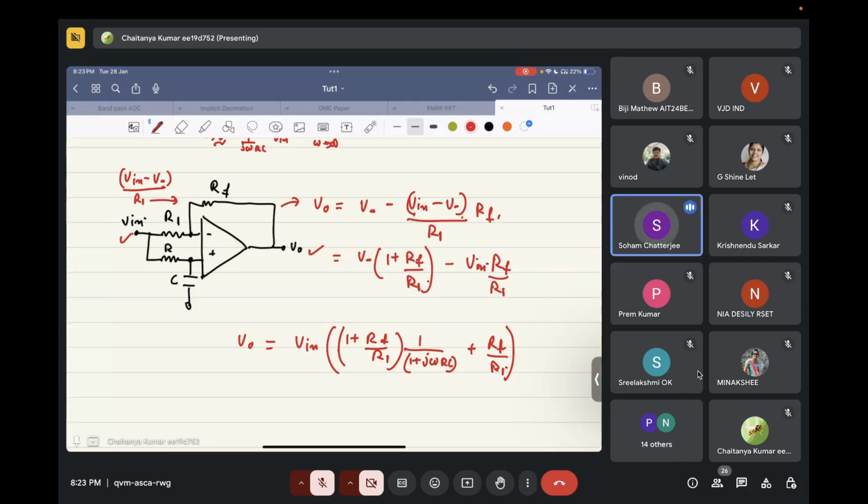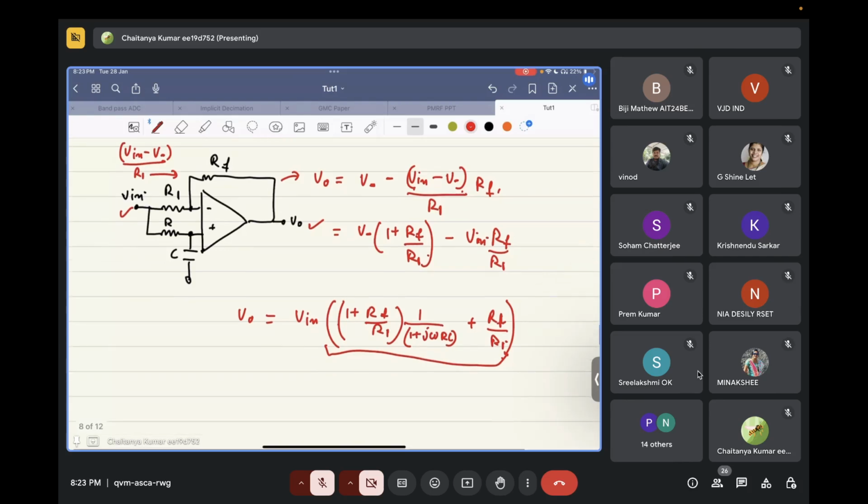When omega tends to zero, this complete gain from input to output will be a real number, right? And a real number has zero phase, correct?